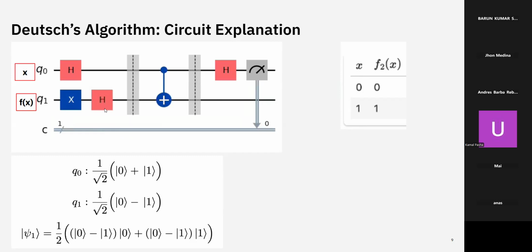Let's see what else we have going on. Right now we're going to break down what we're doing at this first portion of the circuit. In this upper qubit, qubit 0, we're putting that in a superposition by applying a Hadamard gate, and we can write that quantum state as this notation right here, which is pretty much saying that we have a probability of one half of collapsing into the 0 or the 1 state for this top one after we put it into superposition.